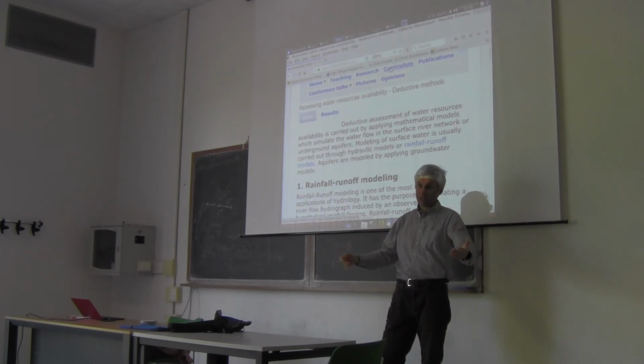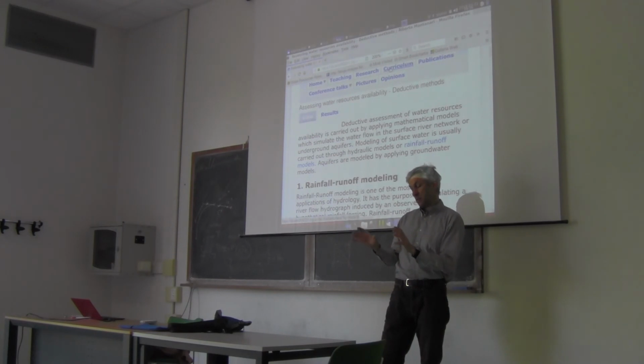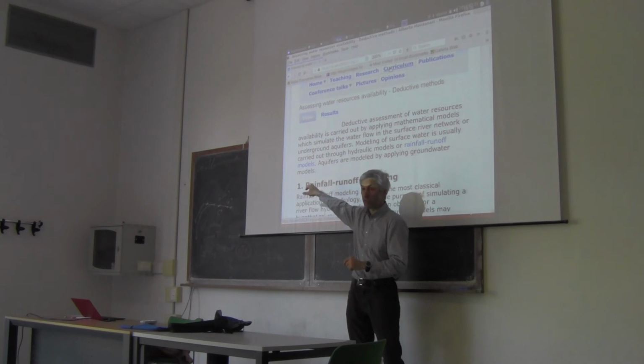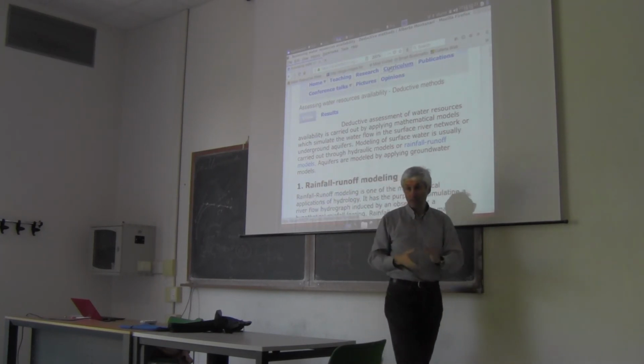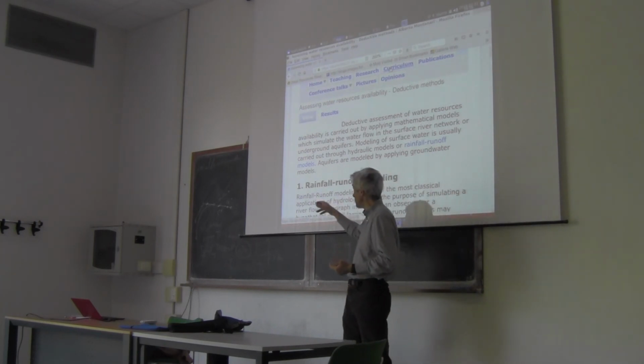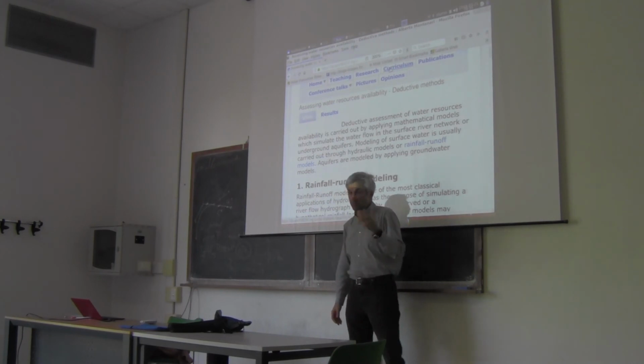Runoff is river discharge. Okay? It's more or less a synonym. And instead of looking at river discharge, I look at rainfall, and through a transformation model, I estimate the river discharge. This is very useful if we don't have data of river discharge, but we have data of rainfall.